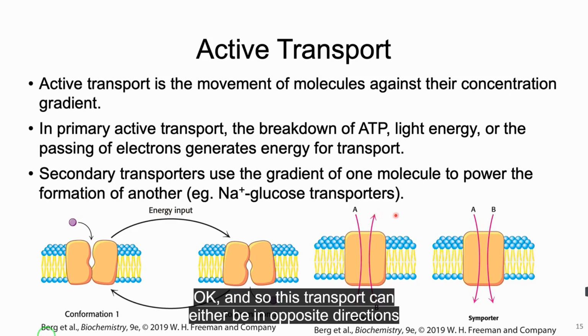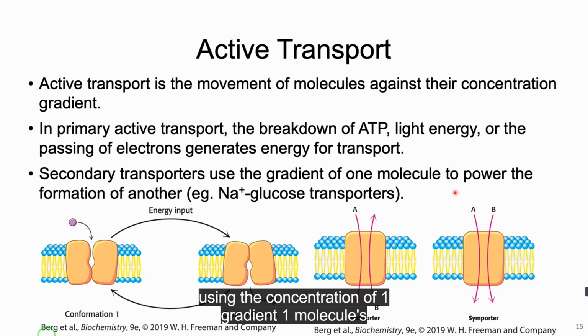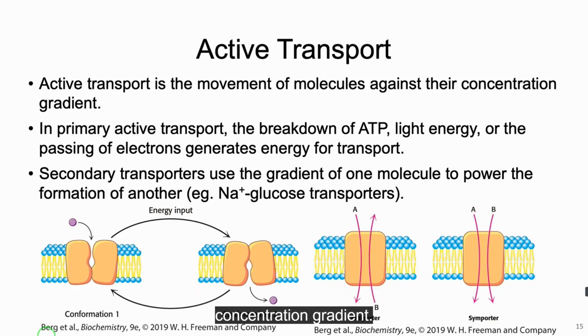Okay, and so this transport can either be in opposite directions, or it could be in the same direction for a symporter. Okay, so an antiporter would be in opposite directions, and a symporter would be moving both molecules in the same direction, using one molecule's concentration gradient to move the other one up its concentration gradient.